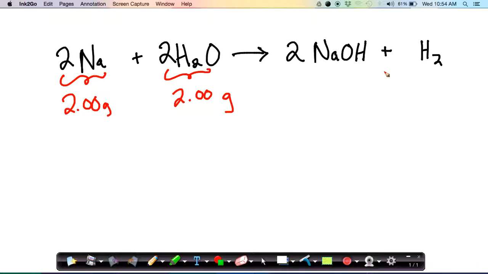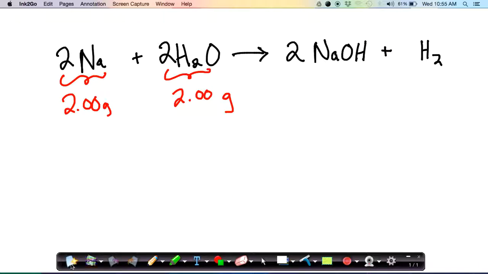We call it an excess reactant, but we don't know which reactant is the limiting reactant and which reactant is the excess reactant just by looking at this chemical equation. Although you could figure it out, it's easier to go systematically approach this type of calculation to figure out which reactant is limiting. And there are two popular approaches to doing this type of limiting reactant calculation that I want to take a look at here today.